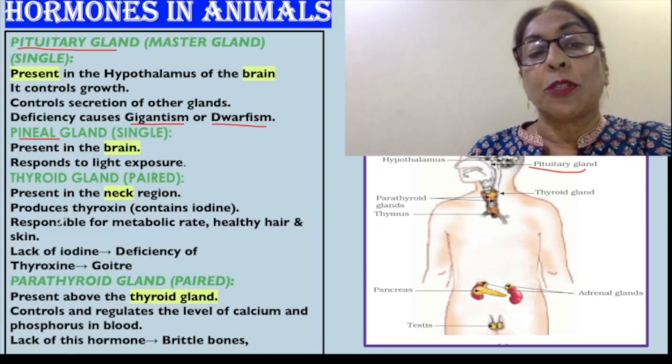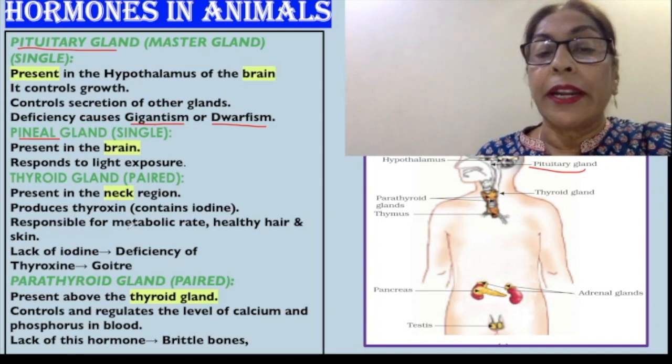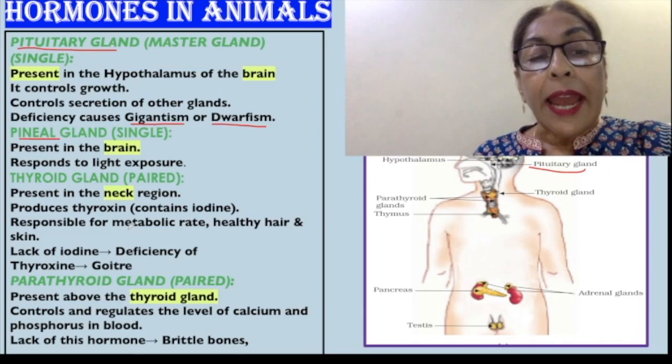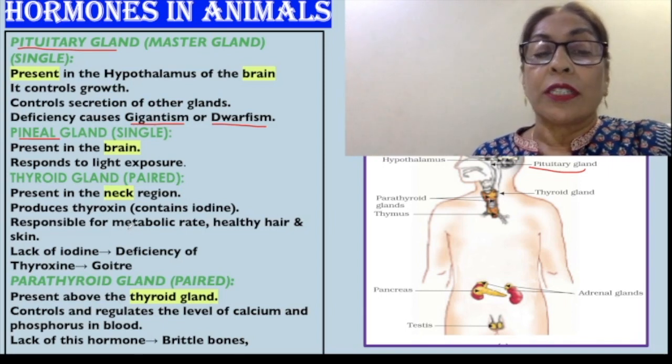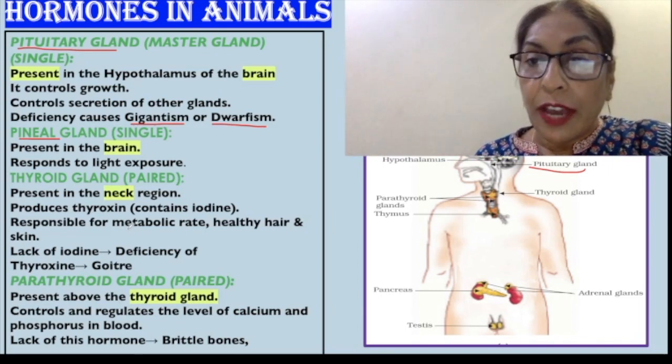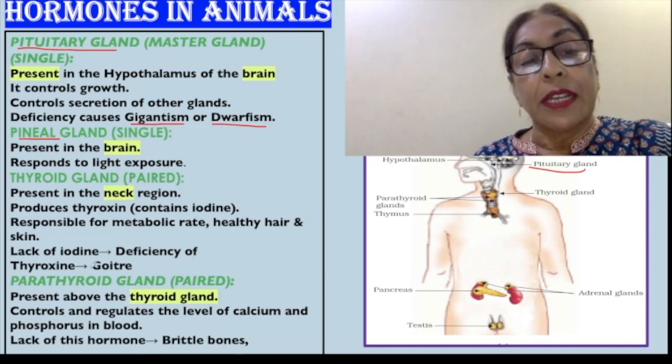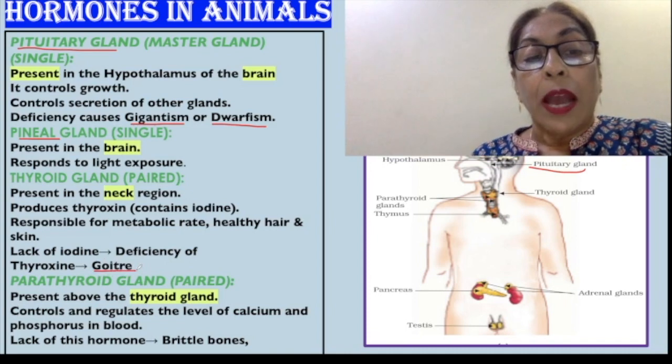These are responsible for metabolic rate, healthy hair and skin. Lack of iodine causes deficiency of thyroxine, leading to the goiter disease in the human body.